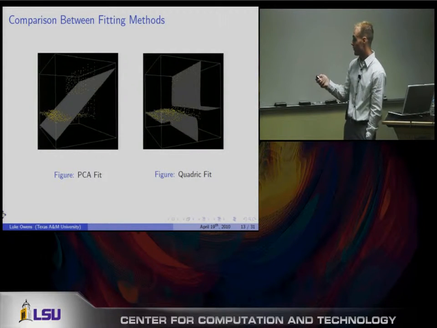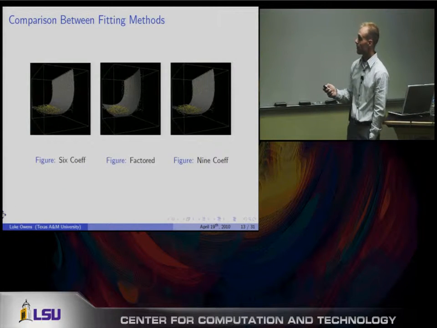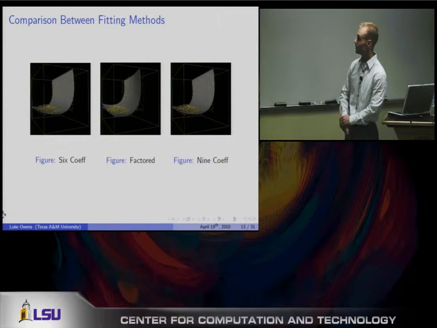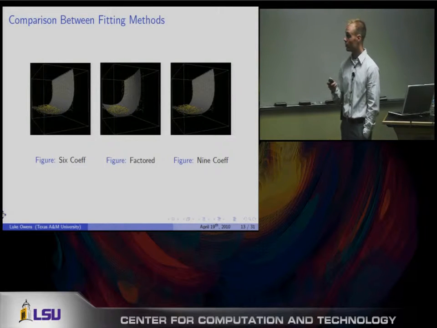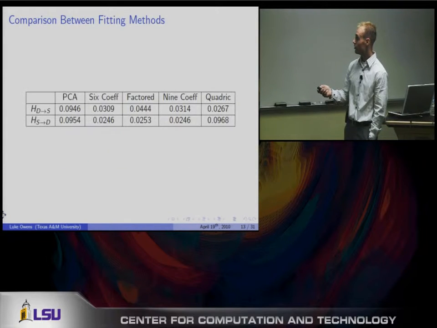Here's our quadratic fit. We showed that before. Notice the 2 surfaces. And then our 6 coefficient factored and 9 coefficient quadratic fits all look very similar. They do a pretty good job of picking up this corner here where the building meets the ground. So those images look about the same.